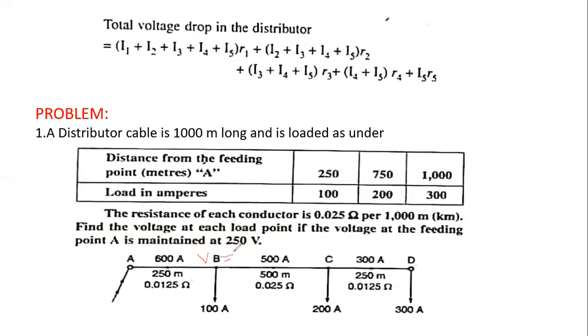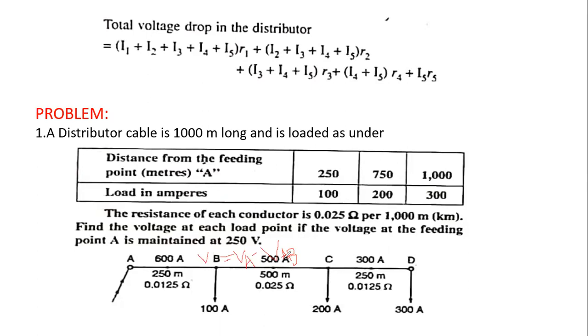Therefore VB is equal to VA minus the drop across the AB section, VA minus VAB. What is the voltage drop across the AB section? That is IAB into RAB.